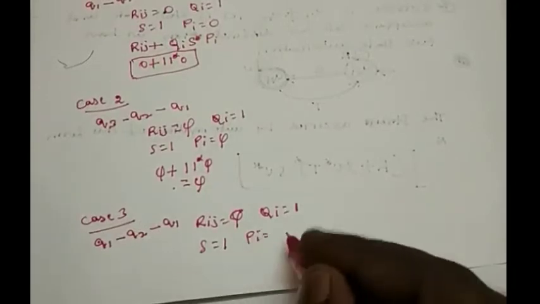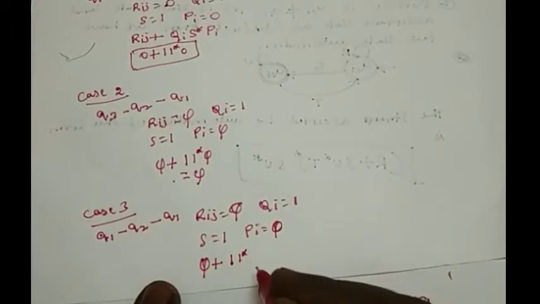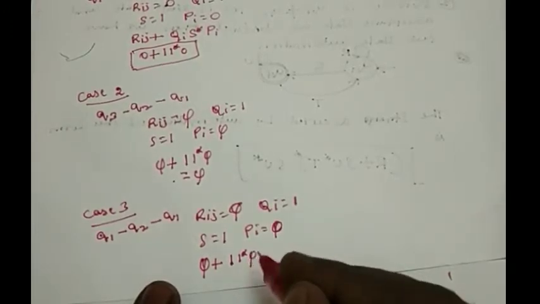Now put this into the respective formula. The formula is Rij, written as pi, and Qi is 1, and S is 1 star, and Pi is pi. Since you are multiplying with pi, the answer is always pi here.